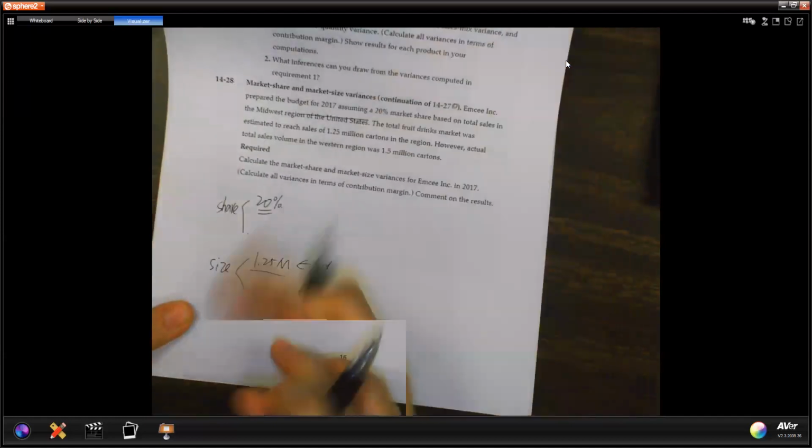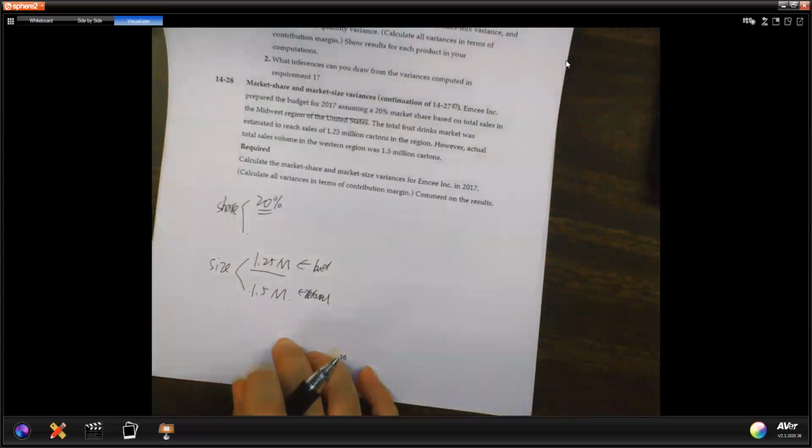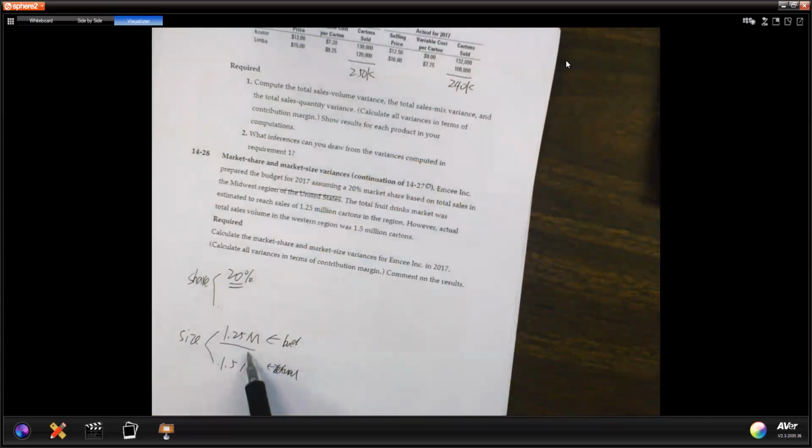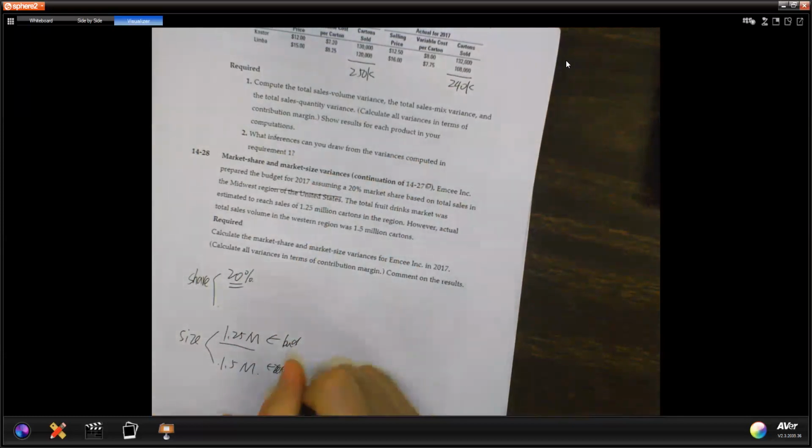So how do we link everything here? You have the data of your company, actual and budget, and then you have the market, actual and budget. Your actual is 240,000. The market total is 1.5 million. So what is your actual market share? Your actual market share is 16%.